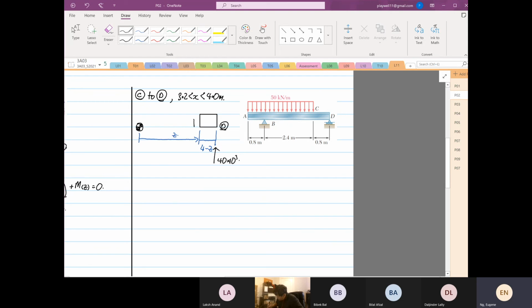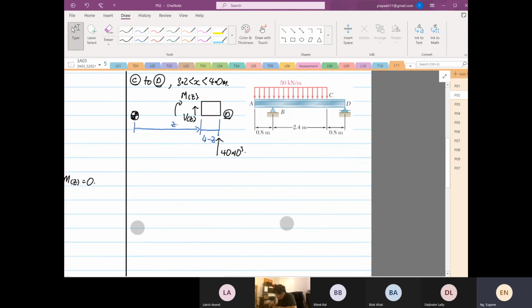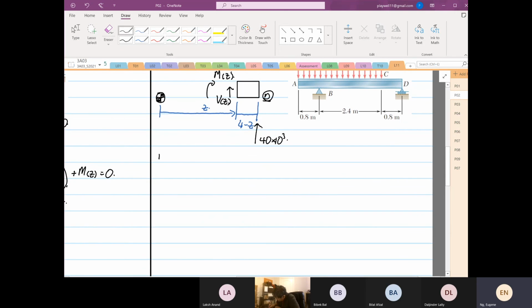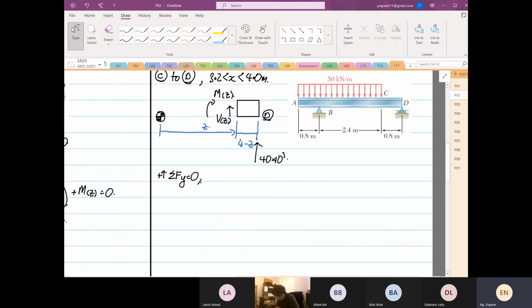Right, and then positive shear, positive bending moment. So you only have one force to consider. So from here, positive in the y direction is equal to 0. So you have 40 times 10 to the power 3, then plus V as a function of z is equal to 0.